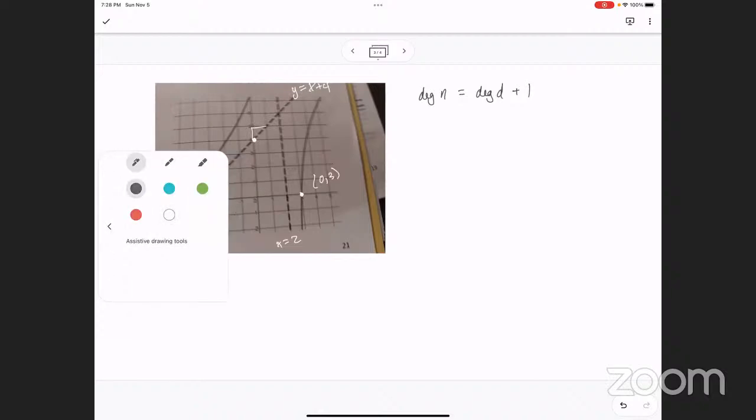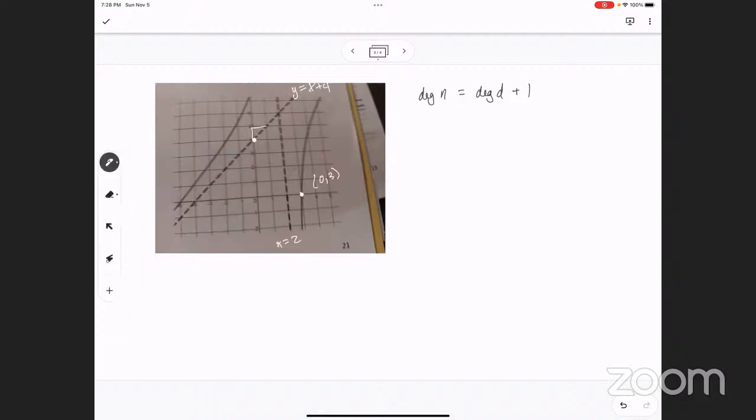So here's how you do this. First of all, I know that the degree of the numerator is going to be 1 more than the degree of the denominator. In the numerator, I'm going to have x minus 3. That comes from this. In the denominator, I'm going to have x minus 2.